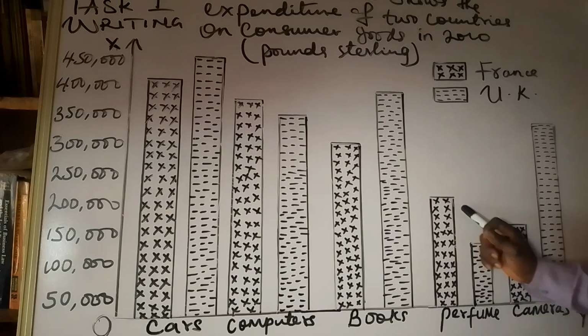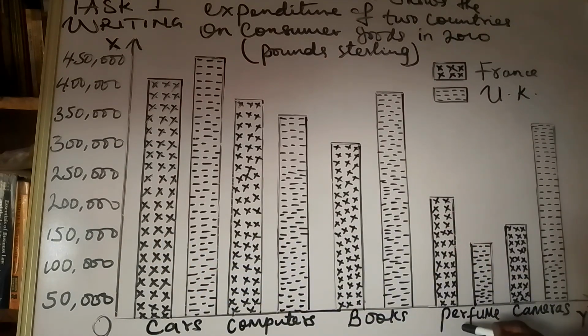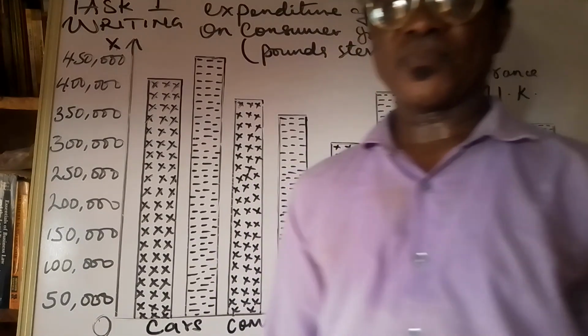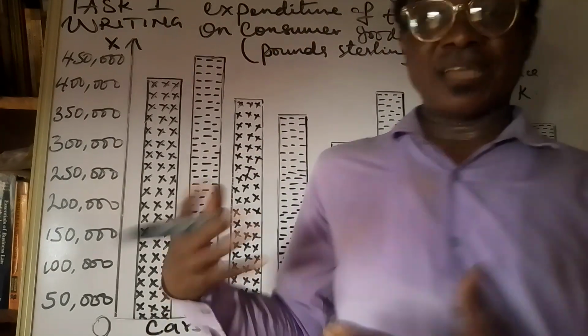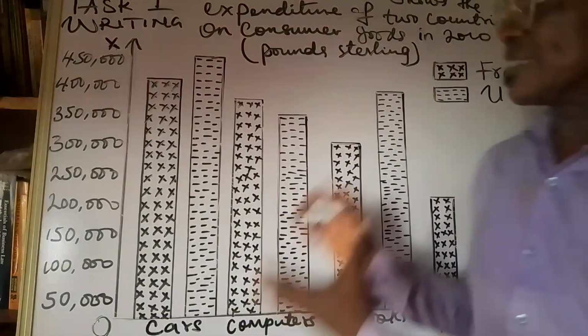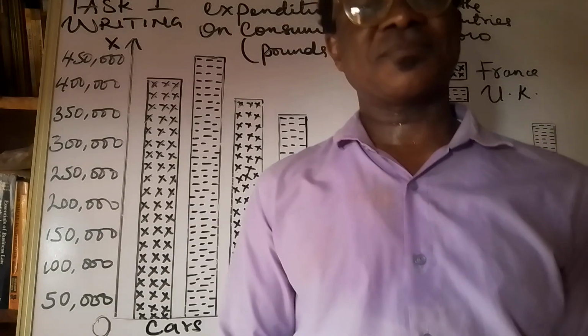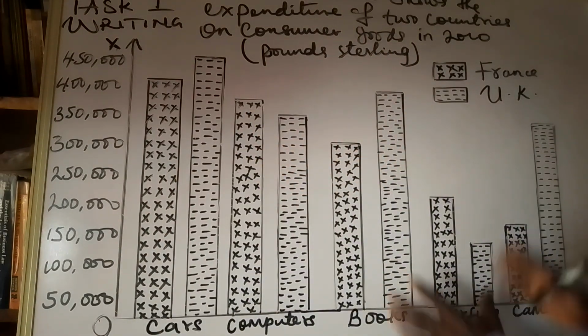In the same vein, the French spent 200,000 pounds sterling on perfume, while the British spent only 100,000 pounds sterling on perfume. So this is the analysis. And having done this, we are now in a position to put this analysis in writing. That is a report of the bar chart that we have just analyzed.